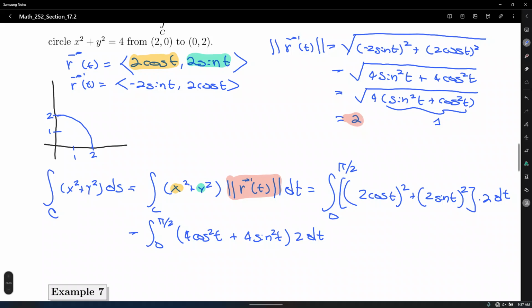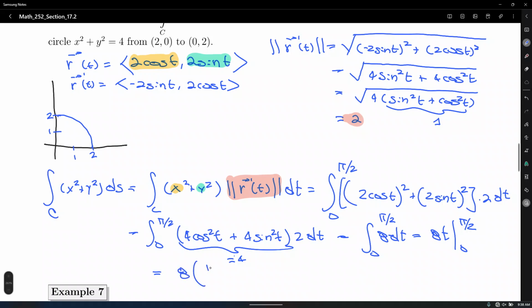That leaves cosine squared plus sine squared, which is equal to 1. 1 times 4 is 4. Then 4 times 2, that's the integral of 8 dt from 0 to pi over 2. That's 8t from 0 to pi over 2, which is 8 times pi over 2 minus 0, that is 8 pi over 2, equals 4 pi.